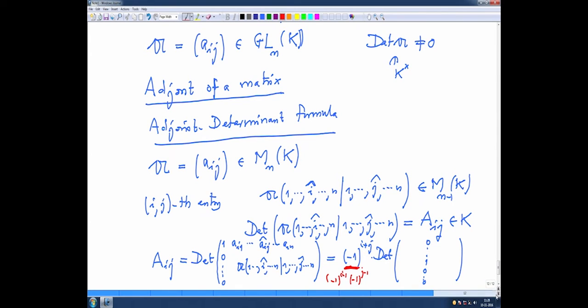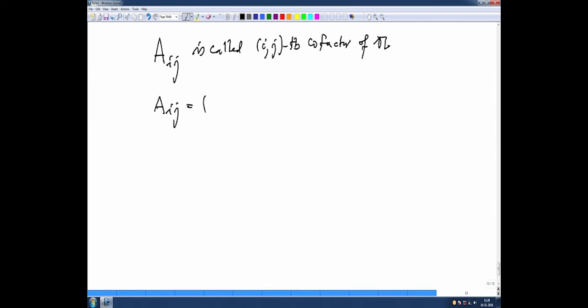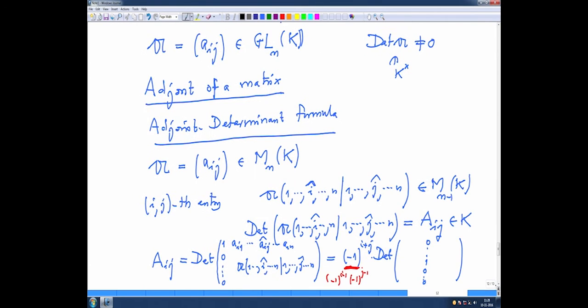So this capital Aij is called the ijth cofactor of the matrix A. And note that because of that, this Aij is minus 1 power i plus j times precisely this determinant.